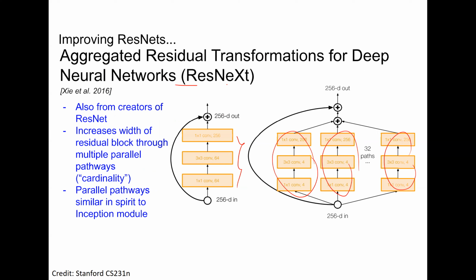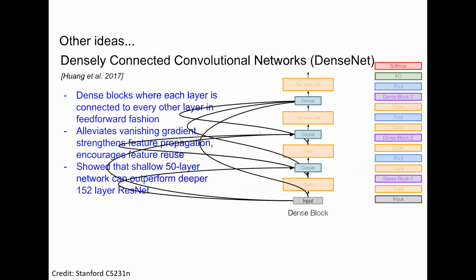This is called ResNeXt. And you can create more connections, and that is called DenseNet. DenseNet is shallower, however, it can outperform deeper ResNet. Sometimes DenseNet might be better than ResNet. However, it depends on your application.